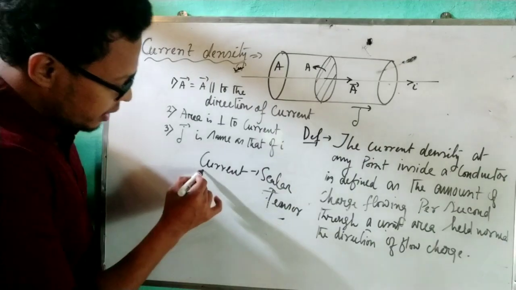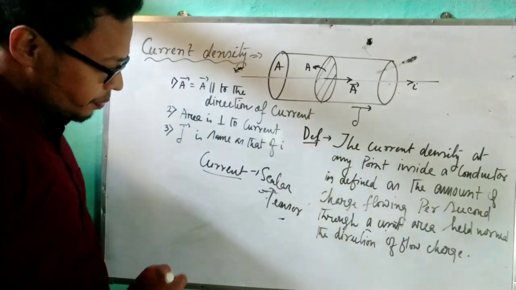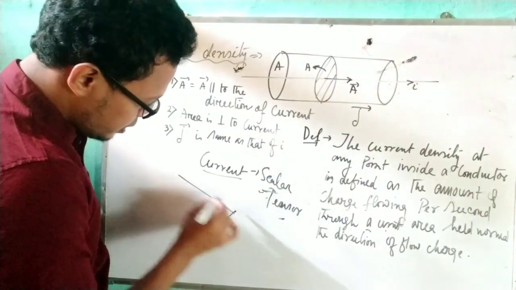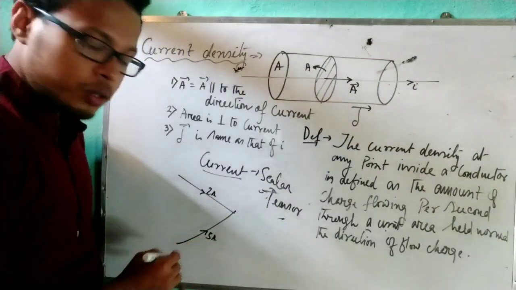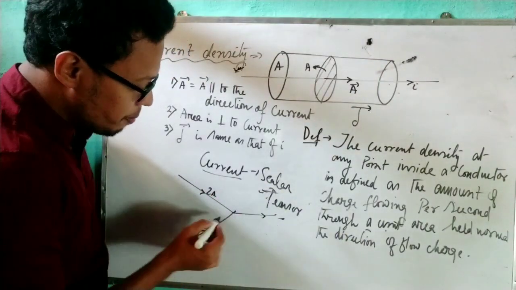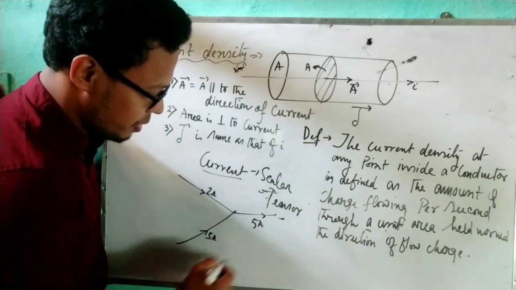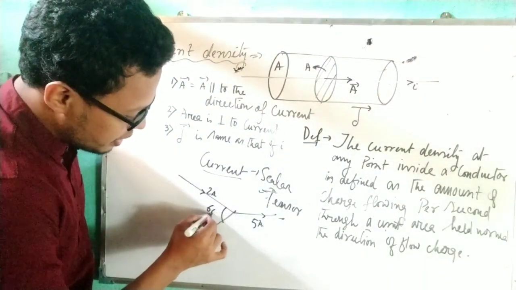We read that current is a scalar quantity, not a tensor quantity. Why? See, if we take two currents, 2 ampere and 3 ampere, the total current will simply be the addition of the magnitudes, so 5 ampere. But think that the angle between them is 60 degree.